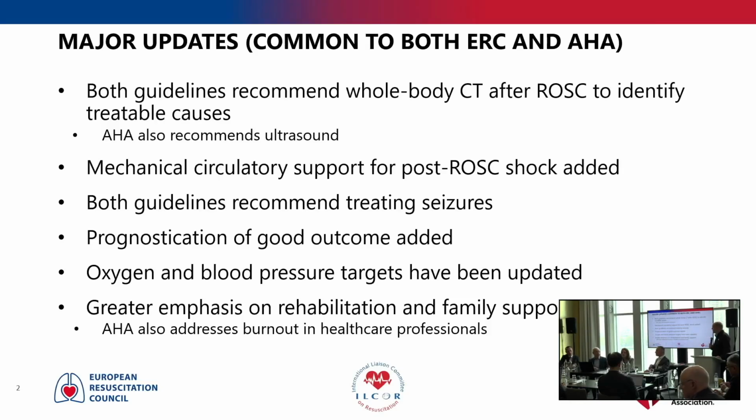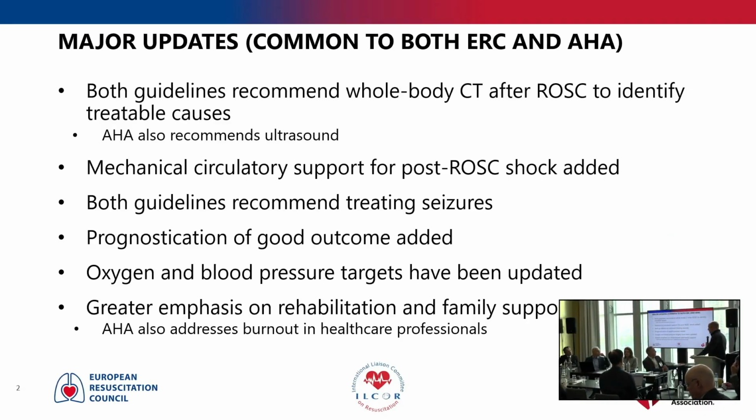Great, thank you, everyone. So starting off with just some major updates to both of the guideline chapters, and I'm just going to go through these quickly, but we are going to focus in on some of the more nuanced details of these when we get into our discussions. So both guidelines, both AHA and ERC, recommended whole body CT scans after ROSC to identify treatable causes, and the AHA also recommended ultrasound. They recommend mechanical circulatory support for post-ROSC shock, and both guidelines recommended treating seizures in the post-cardiac arrest patient.